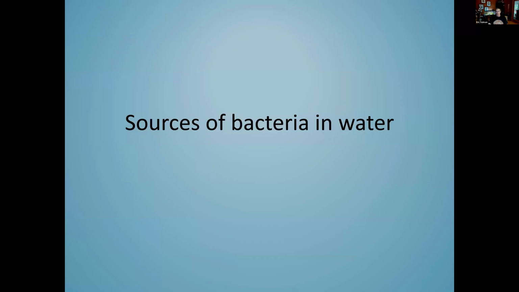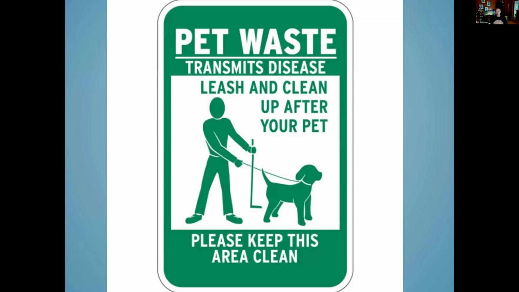So let's talk about sources of bacteria in water. One of the sources that's pretty common is pet waste. And that's why you'll see this messaging commonly now to clean up after your dog, because in places where people don't do that, and then it rains, that pet waste can run off into a creek, and that can cause bacteriological contamination.